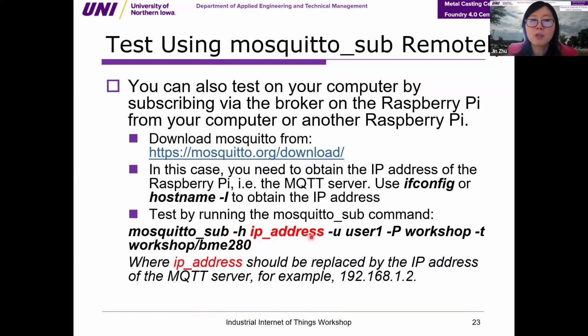The command is pretty much the same, but the key thing is that you have to make sure you have -h, the host or the broker IP address. In this case, it will be your Raspberry Pi's IP address. You can use hostname -i to obtain the IP address, which you already did several times in the previous week.